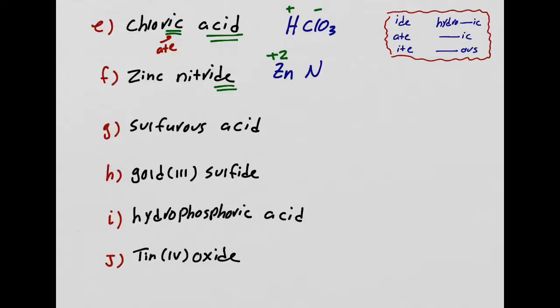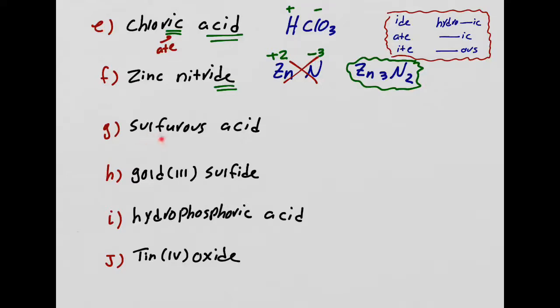Now nitrogen, look at the periodic table. It has a -3 charge. So now I have to cross multiply the charges. If I do, I get Zn3N2. That's zinc nitride. Again, I know that this is nitride, ends with ide. Probably that means it's a simple ion from the periodic table.